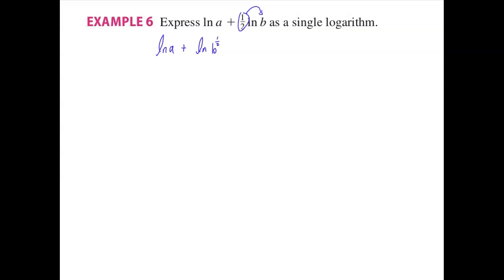Right, so that third property says if we have a coefficient on the logarithm, it can come around and be an exponent on the argument, or vice versa. All right, and then the sum of two logarithms of the same base equals the logarithm of the product of the arguments. So a times, and I'm just going to write b to the 1/2 as root b.